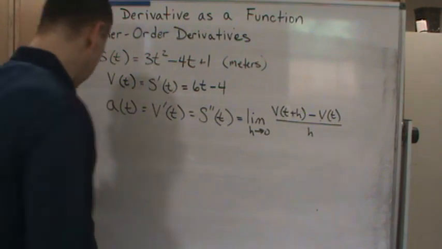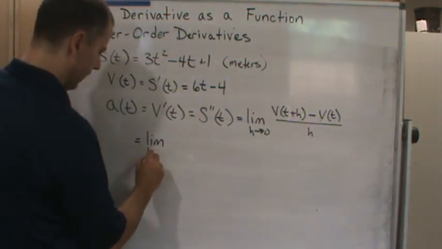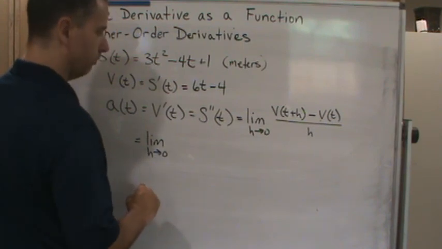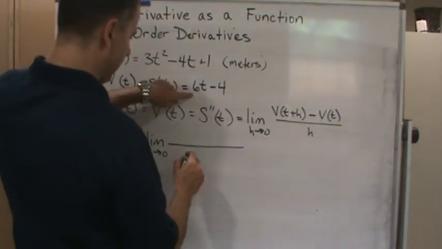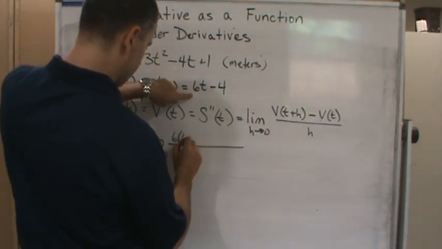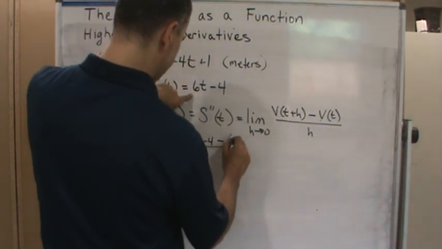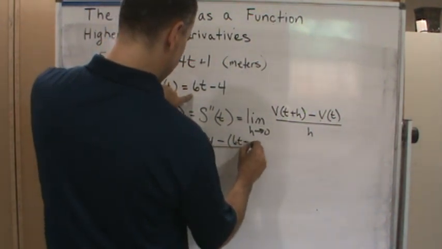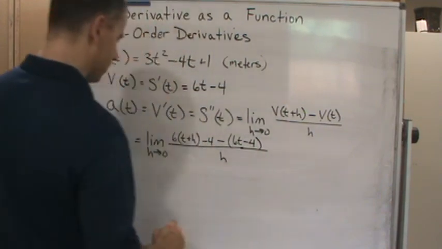Okay, so now this is equal to the limit as h approaches 0. And this is going to be 6 times t plus h minus 4 minus 6t minus 4, over h.